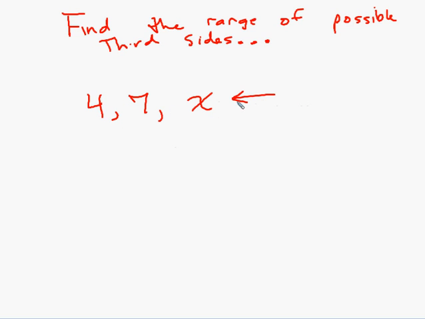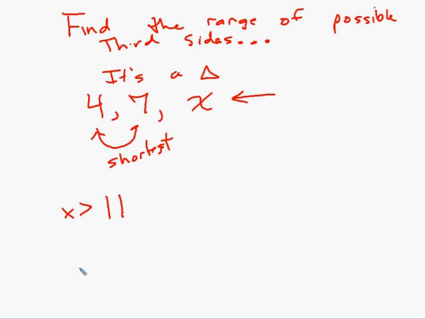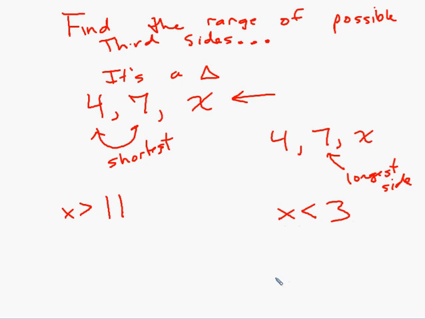And I want to know, if this is a triangle, what could x possibly be? So I have two possibilities. These could be the shortest sides. If those are the shortest sides, that means x would have to be at least 11, because I'd add those two. Or the 4 and 7, this could be the longest side. Well, if that's the longest side, then x would have to be less than 3.